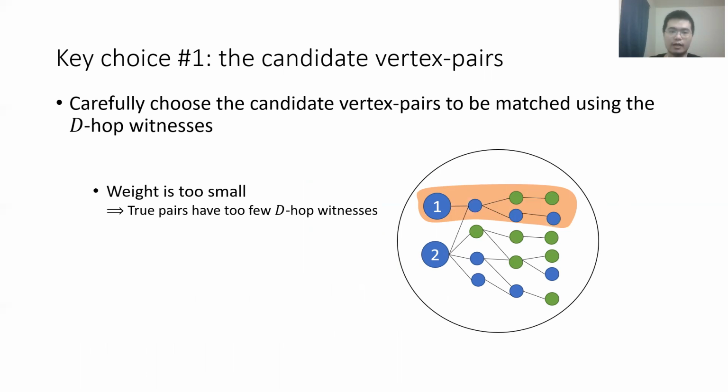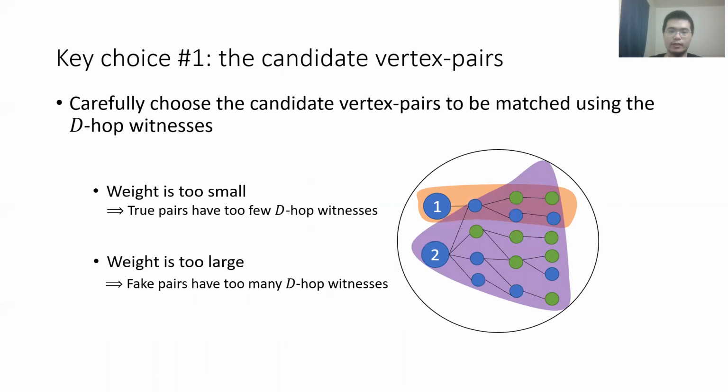On the other hand, if the weight of the candidate vertex pairs is too large, the D-hop neighbors of a fake pair would intersect a lot, leading to too many D-hop witnesses. Thus, we choose to match vertices with weight about n to the power of gamma, where the parameter gamma will be carefully chosen later on.